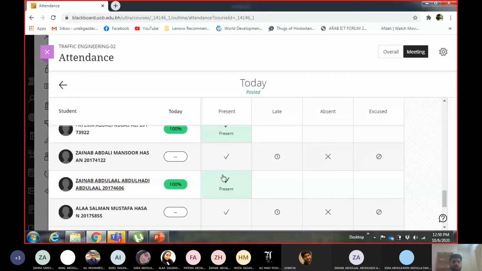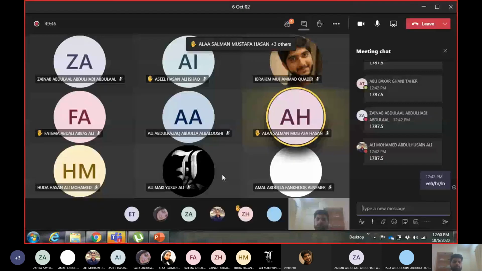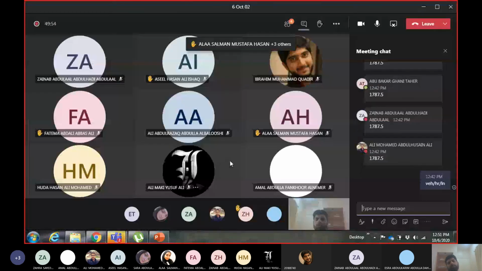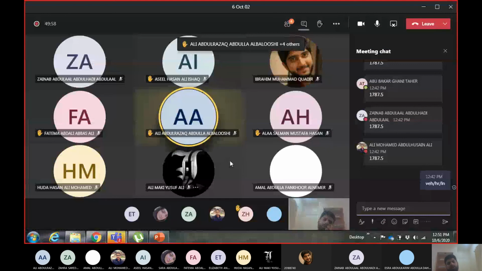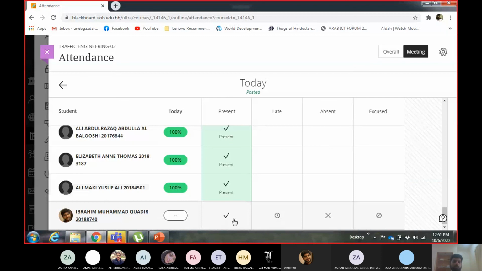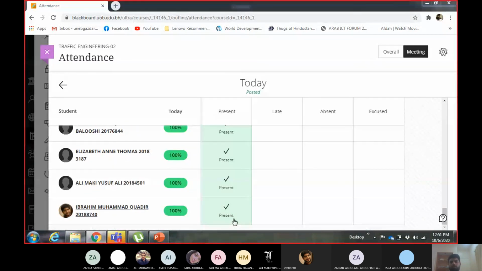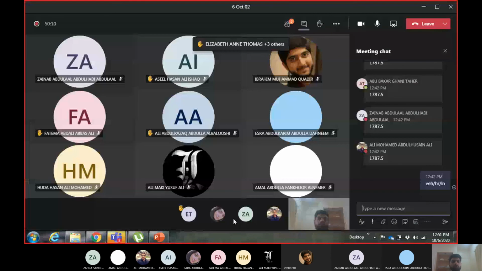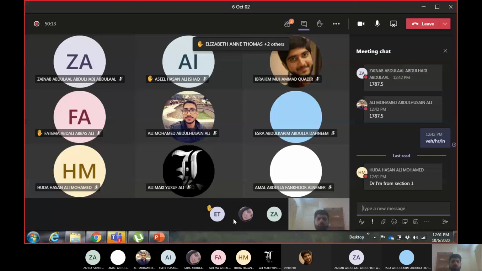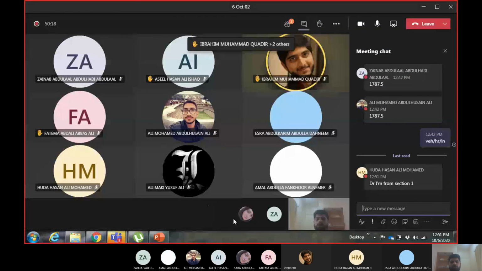Salman Abdali is here. Ali Abdul Razak. Elizabeth Ann. Ali Makki is here. Ibrahim Muhammad is here. Abdullah Husamuddin is not here.